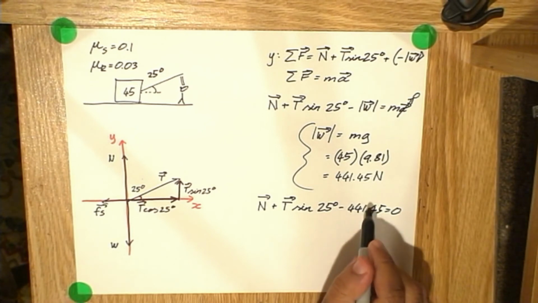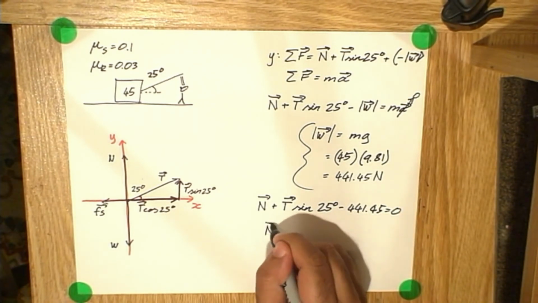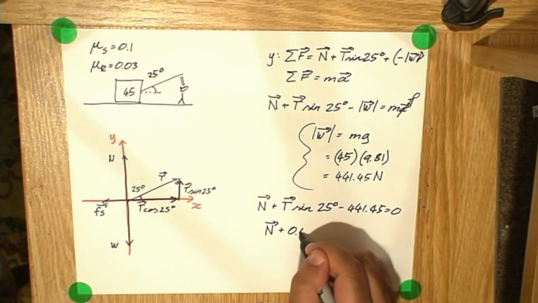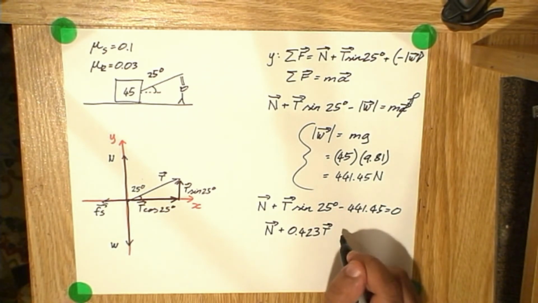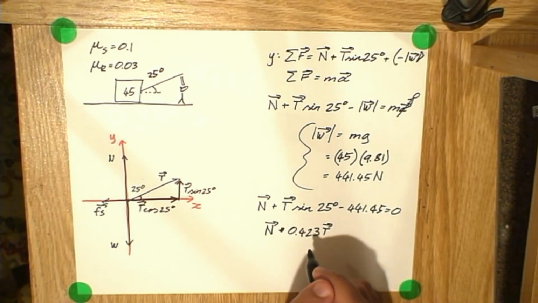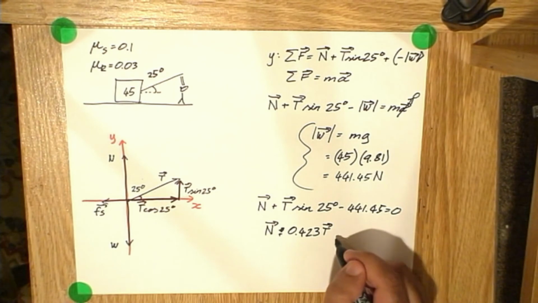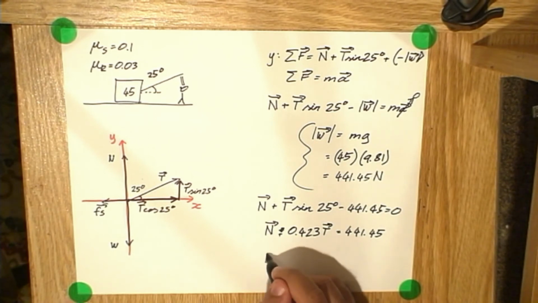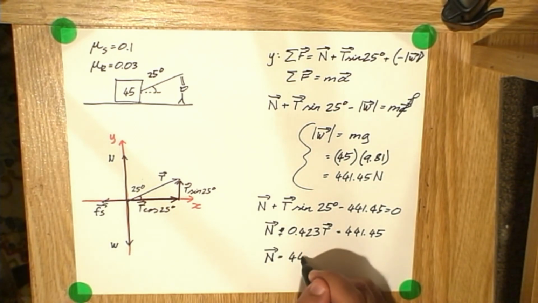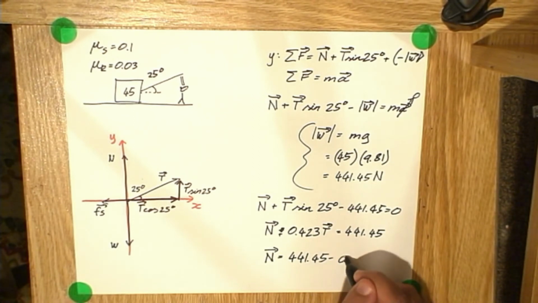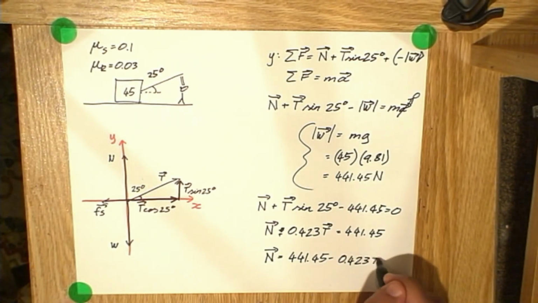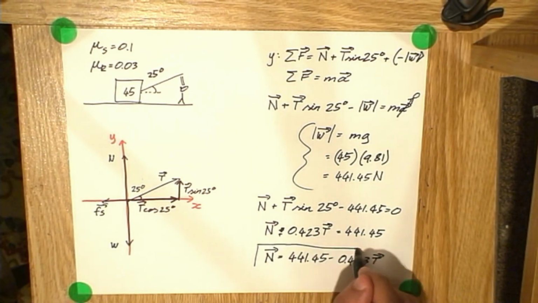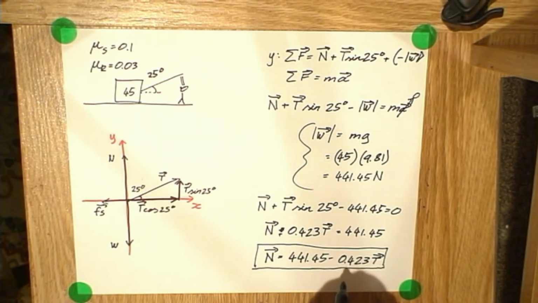So I'm going to move this 441.45 to the other side. That gives us normal plus 0.423 tension equals 441.45, or equivalently, the normal force is equal to 441.45 minus 0.423 times the tension force. So this is our first relationship between these two unknown quantities. And we are going to save that for our work in the x direction.